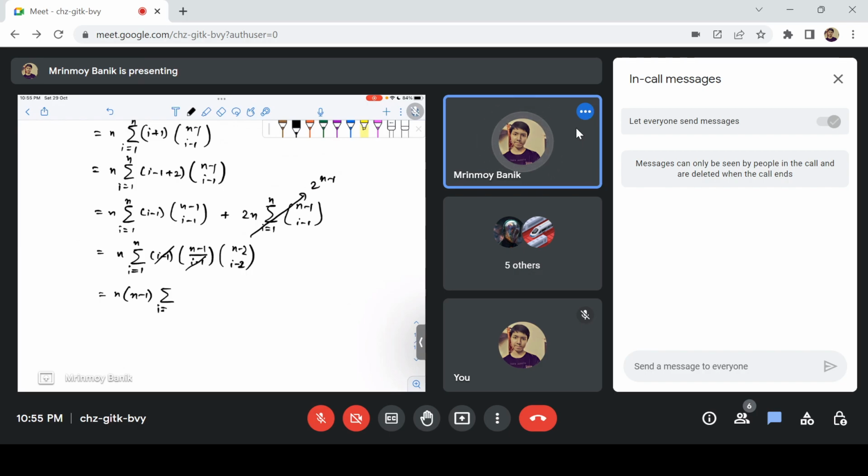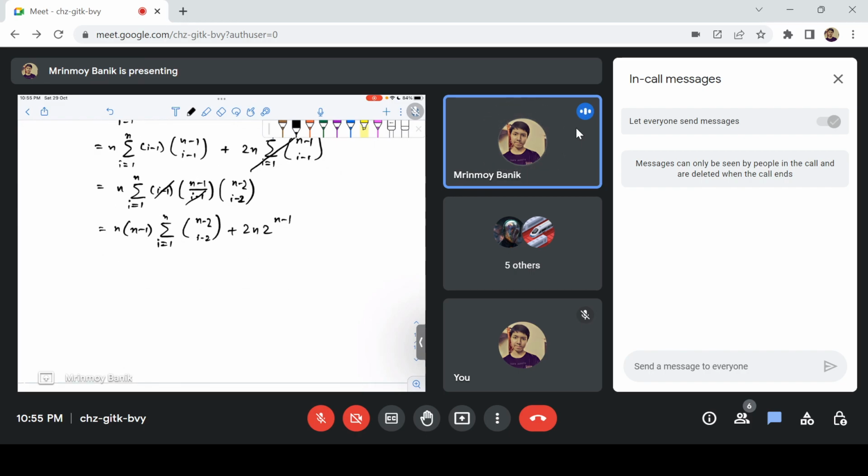We bring it out. So twice n times 2 to power n minus 1. And this sum, we do a change of variables.